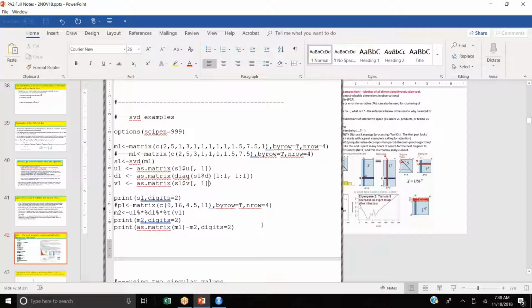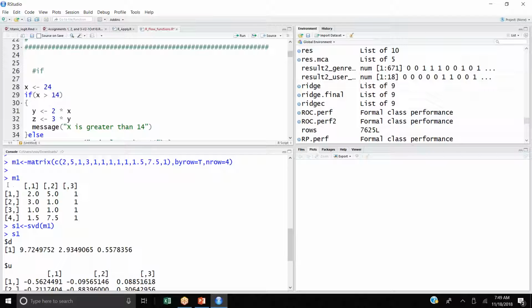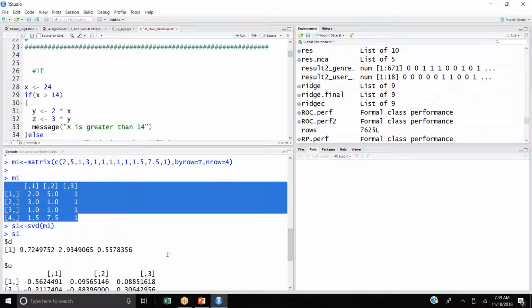So I was saying that if the promise is correct, that singular value decomposition creates a decomposition of a non-square matrix, which is what this is, right? This is non-square, 4 by 3.